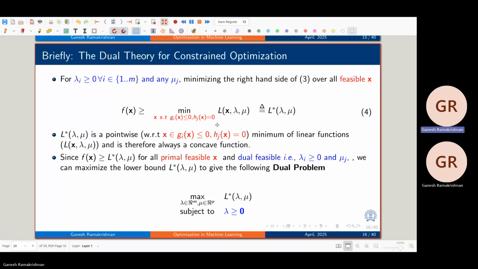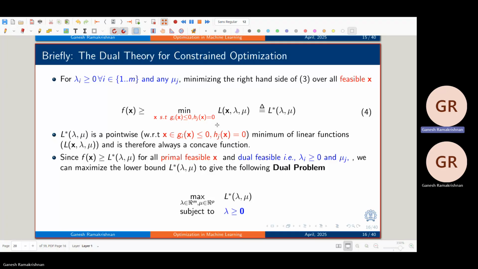So far, his question is: for a given lambda and mu, will the point x that minimizes L(x, lambda, mu) while satisfying primal feasibility be the solution to my original f? Not necessarily.